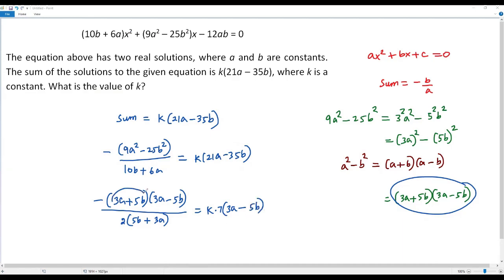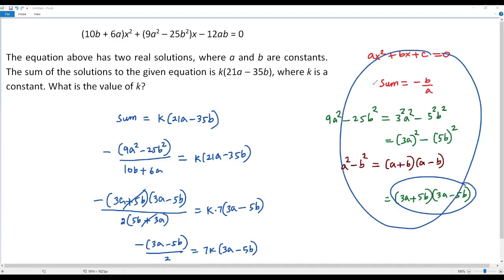Okay, here we find 3a positive 5b, here we find 5b positive 3a. Actually 5b positive 3a and 3a positive 5b, both of them are same. So we can cancel this one and this one. Then the resulting equation is negative of 3a negative 5b divided by 2 equals k times 7, which can be written as 7k times 3a negative 5b.